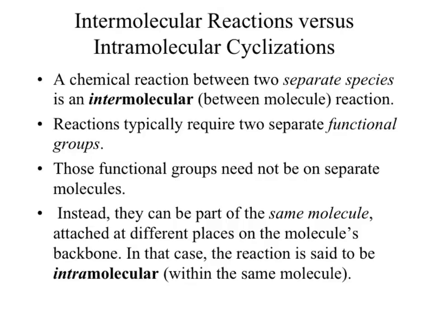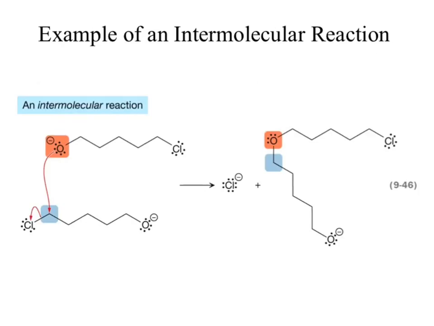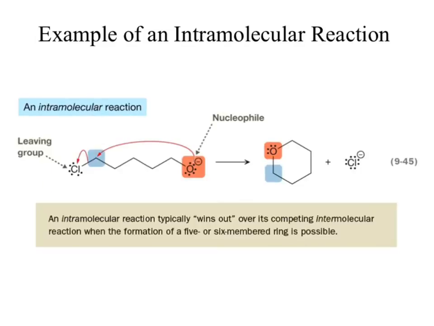Intermolecular versus intramolecular cyclization reactions. This is just more on that same topic. When can we go through and do it? Right? Intermolecular reactions can happen. So even with this substrate, which is similar to the one you saw in the exam, we can do an intermolecular reaction. Okay? And it generates this big, long, nasty-looking structure. Conversely, we could do it intra.